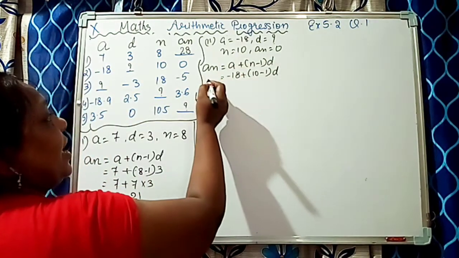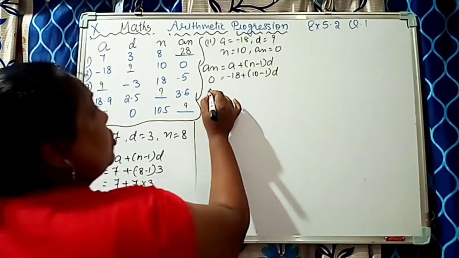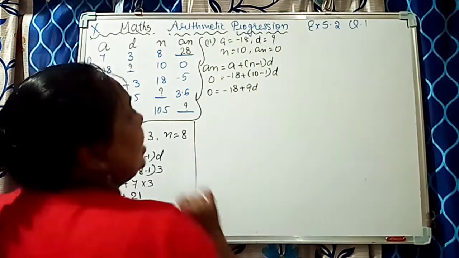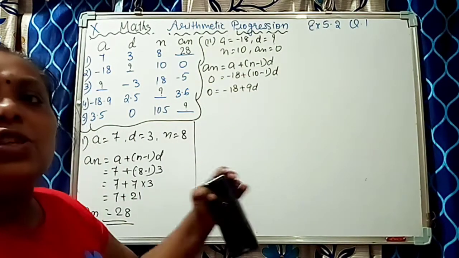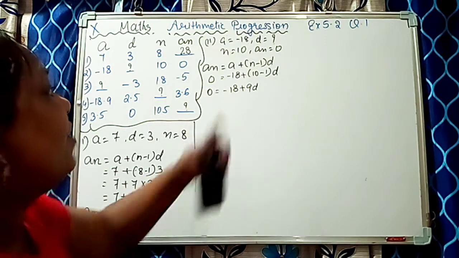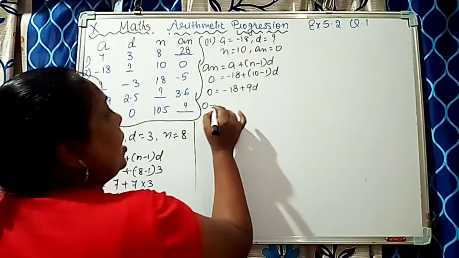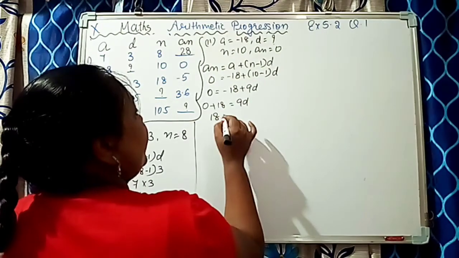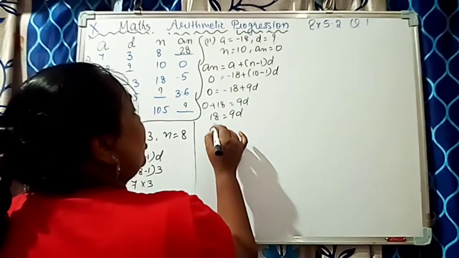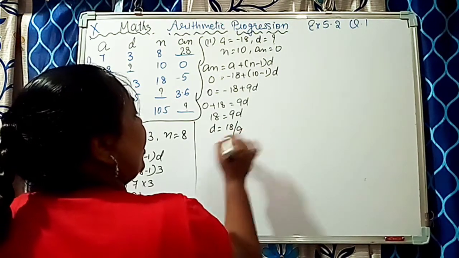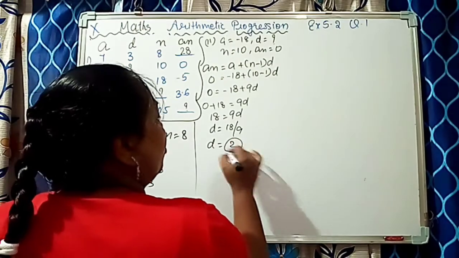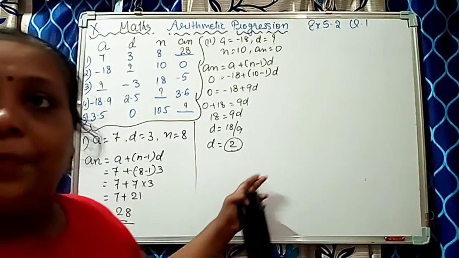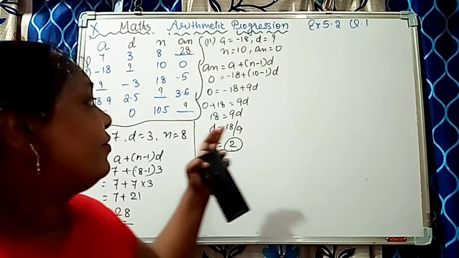And a_n is 0. So 0 is equal to minus 18 plus 9d. So 18 is equal to 9d. So d is equal to 18 upon 9, that is d equal to 2. We got our d. The difference is 2. The second one is also solved.